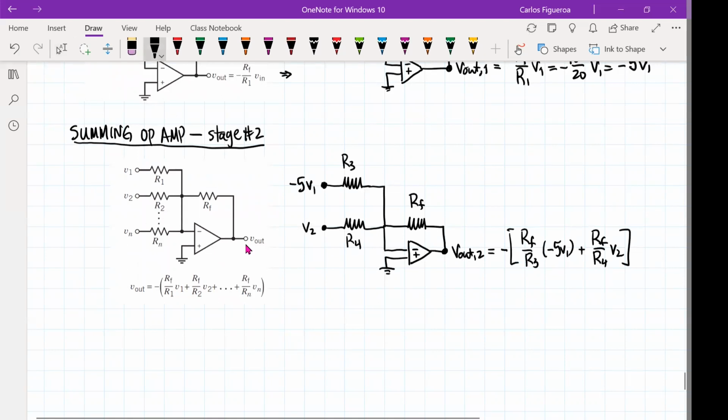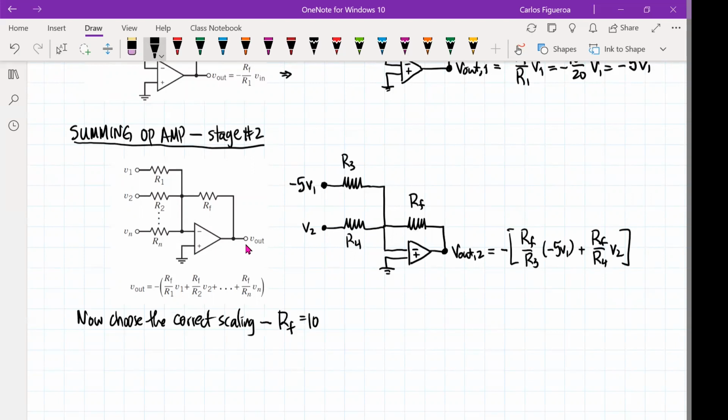So now I'm going to choose the correct scaling. I'm going to stick to RF being 100K. If I stick to that, note that RF over R3 should be 1.